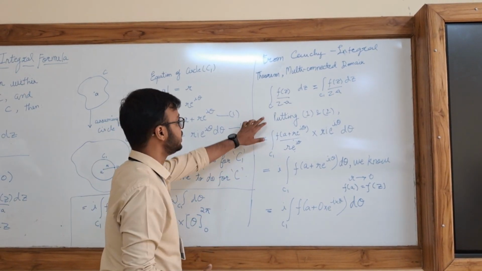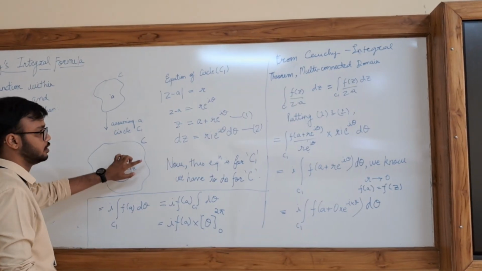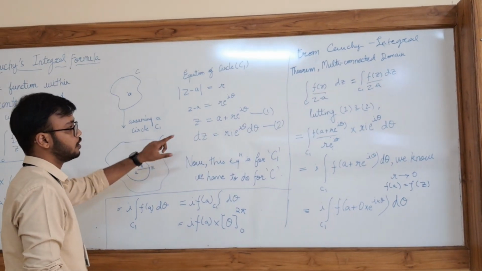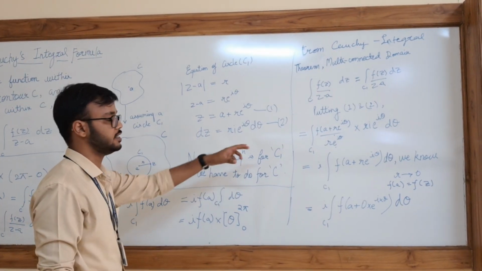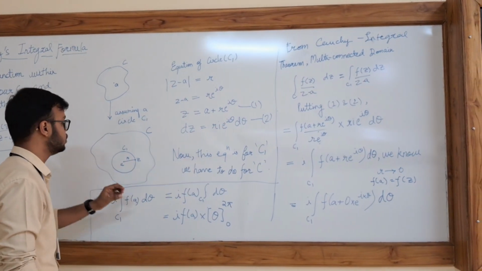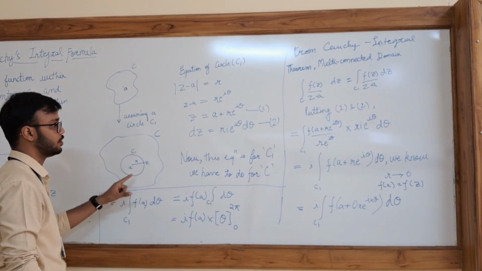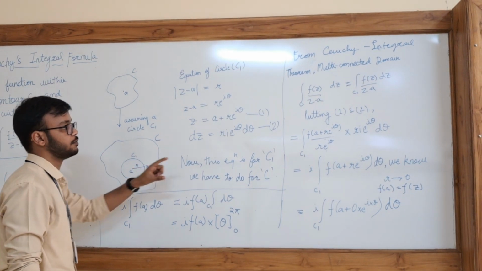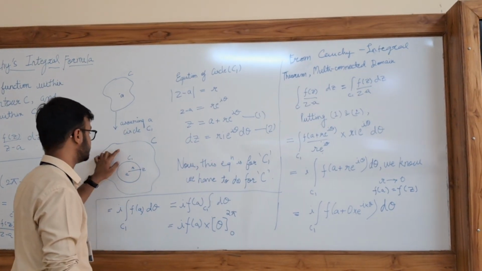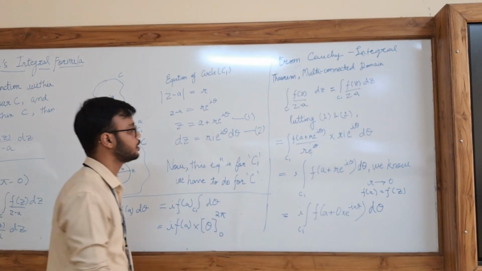It says the integration on C of f of z upon z minus a, dz will be equal to the integration on circle C1 of f of z upon z minus a, dz. So both of these values will be equal.